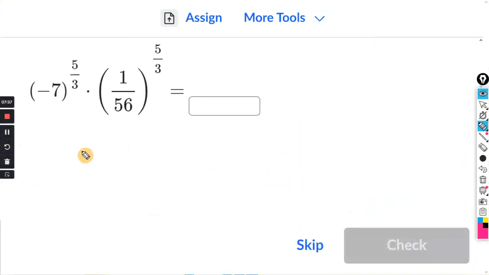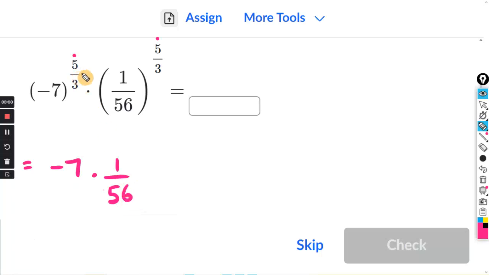Notice once again here the exponents match. They are both 5/3. So we have a -7 times 1 over 56. Let me write times with a dot because I'm going to use parentheses for the exponent.